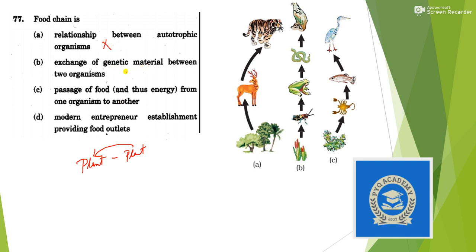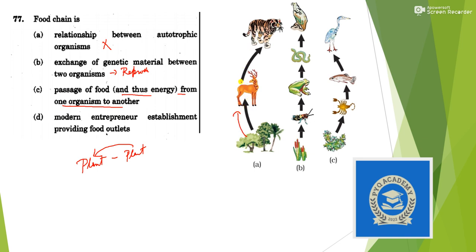Exchange of genetic material between two organisms, no, this is not food chain, this is an example of reproduction. Then, passage of food and thus energy from one organism to another organism. Here you can see this deer eats the leaves of a plant, and hence the energy is transferred from one organism to another.